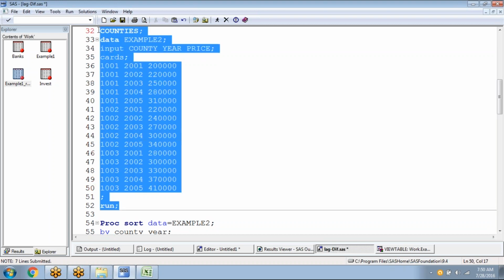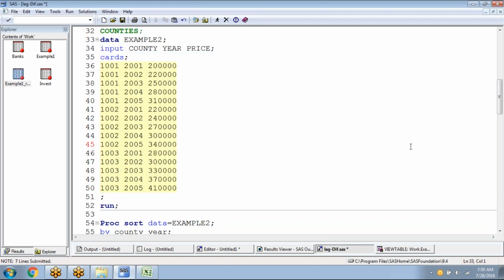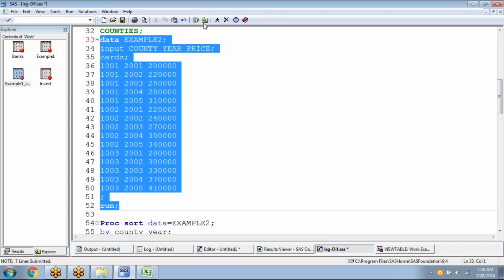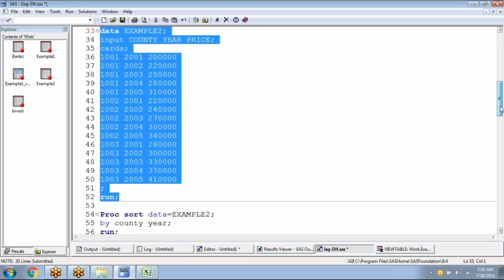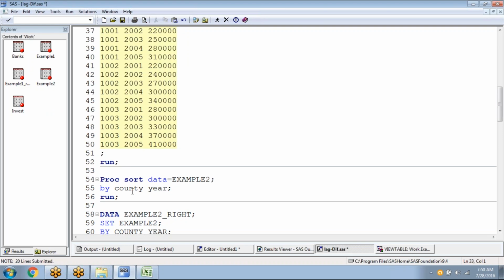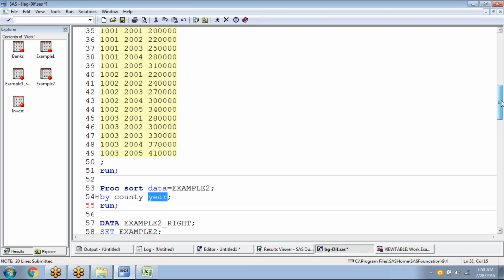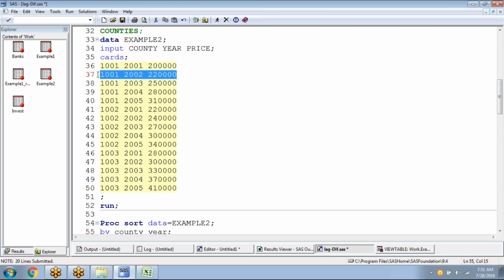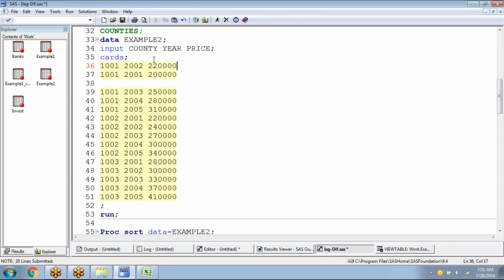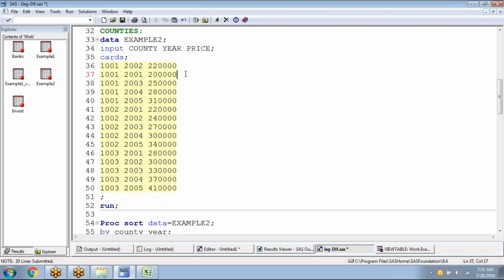Anyway, this data is in sorted order here in this case. But if it is not in sorted order, you have to make sure the data is in sorted order. And here I have to sort based on county and year. Why based on county and year? Let's say you have this information here. Will your concept work?